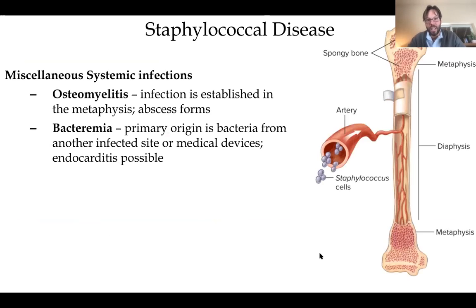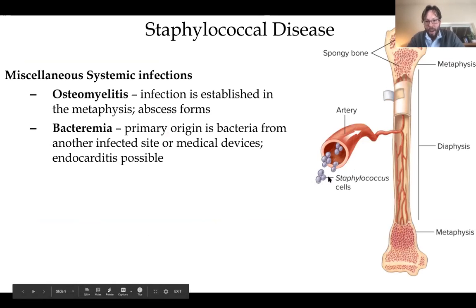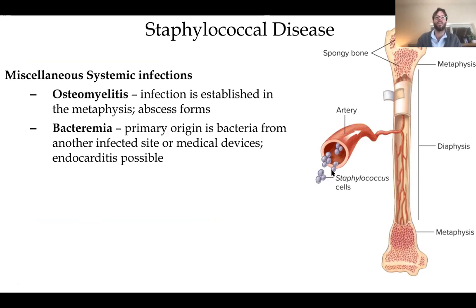Other manifestations of staphylococcal disease can be osteomyelitis. So that is when you have a staph bacteria that has gone into the bloodstream. So now we have a bacteremia, right?